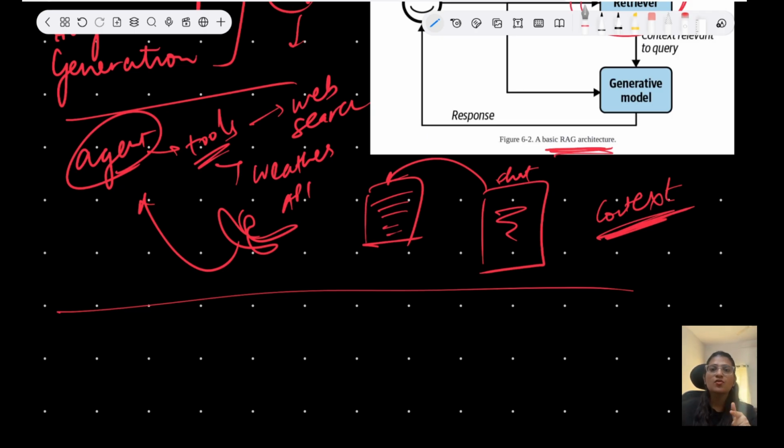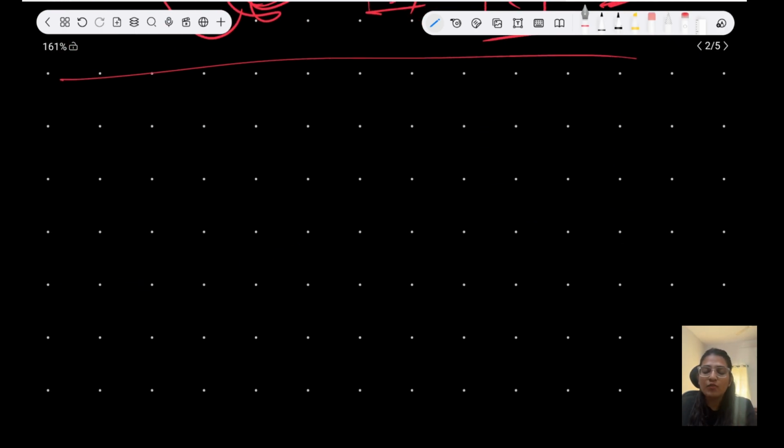Or for example, I want my chatbot to write a letter of recommendation for me. I have some rules that it has to follow, so I can give it those rules and then it will refer to those rules and make an LOR for me. So that's pretty much what the RAG pattern starts off with.